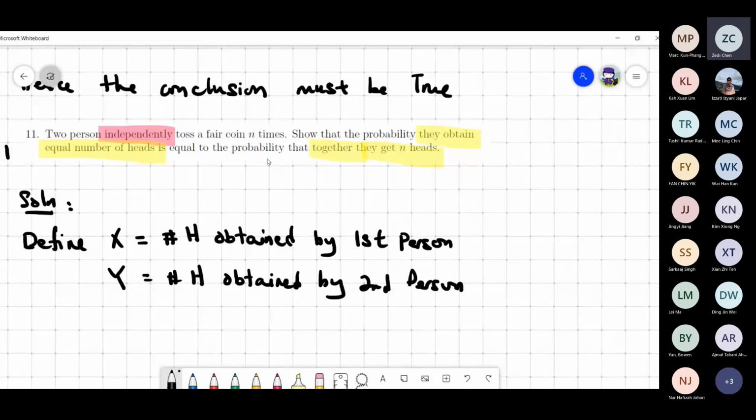So then I have 2 random variables, X and Y, right?